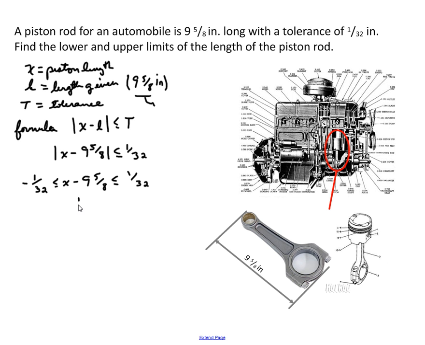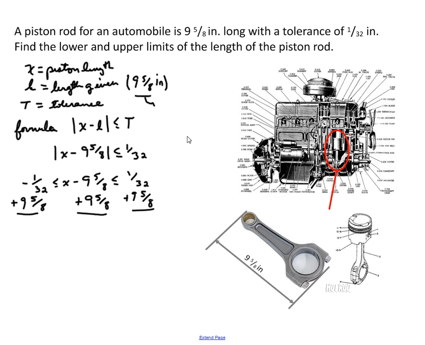This means we're going to have to add 9 5/8 to both sides of this inequality. Now this requires us to do a little bit of fraction math right here.